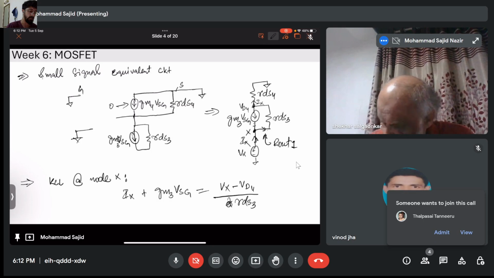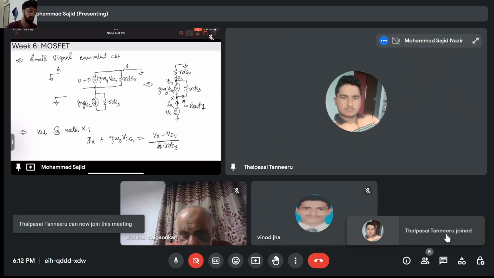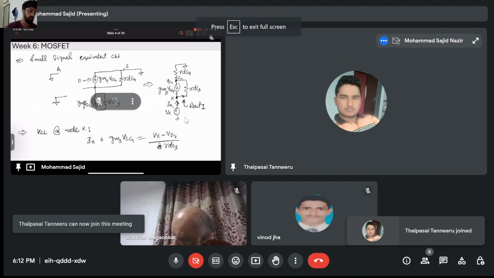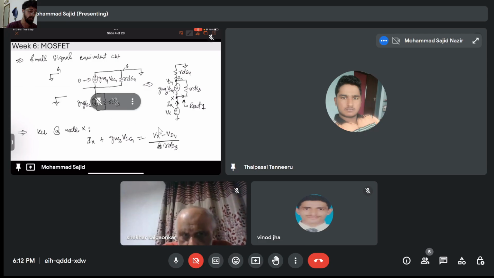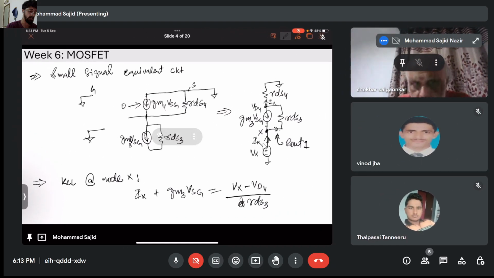So now at this node, calculating here, let's call it x1, let's say this is x2.